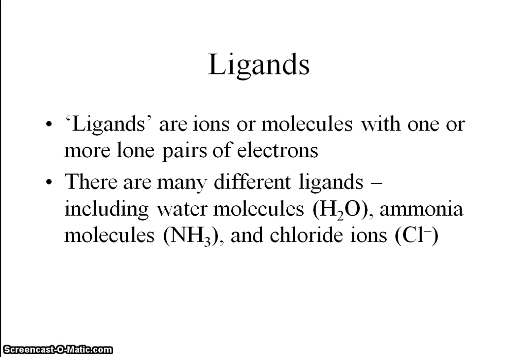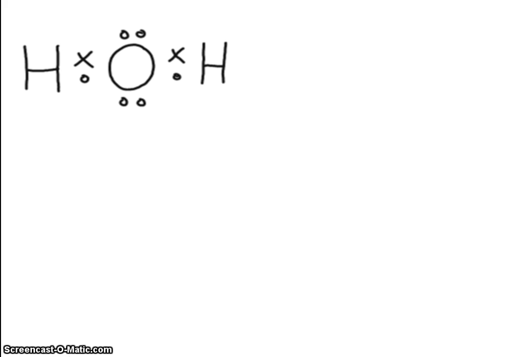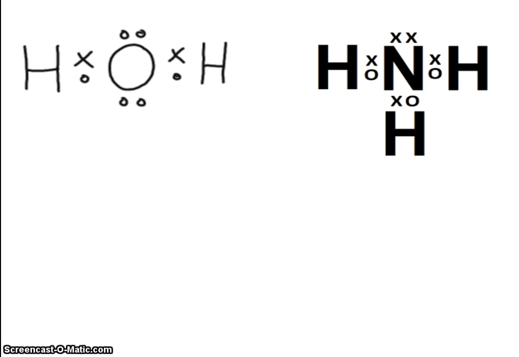The ligand is just a molecule or an ion which has at least one lone pair of electrons. So molecules like water, ammonia, or ions like chloride ions are ligands. Let's take a look. There's the water molecule. As you can see, there's a lone pair on the oxygen, so that makes it a ligand.